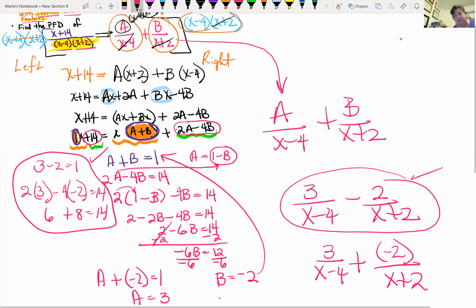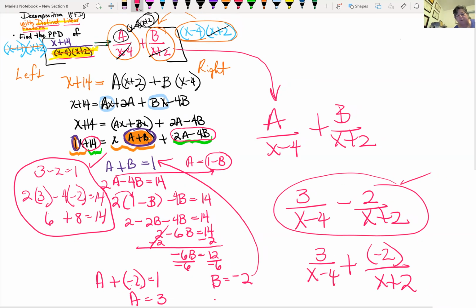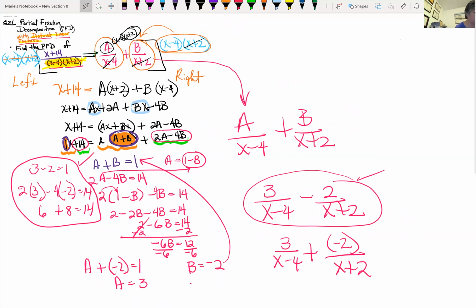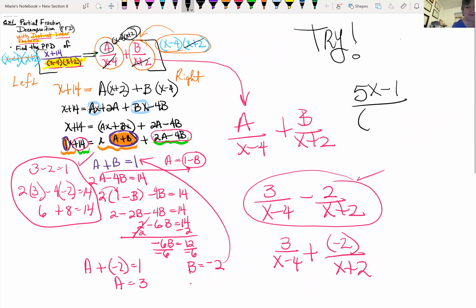How do you feel about this, and would you like to try another one on your own? I would like to try another one. You want to try another one? Okay, so here we go. So let's do a try. Try to answer this one, and use the one I just did with you as an example.